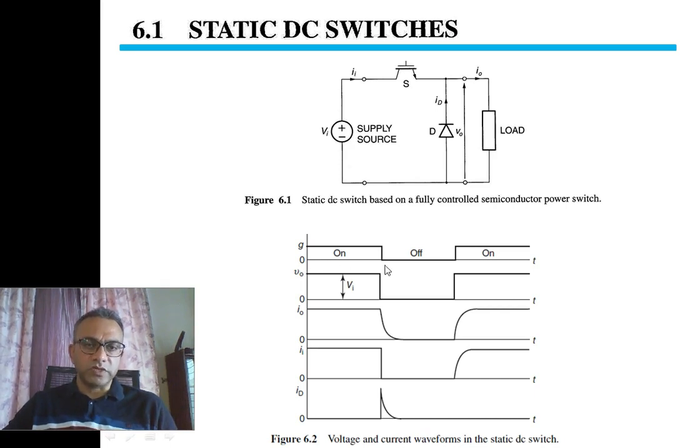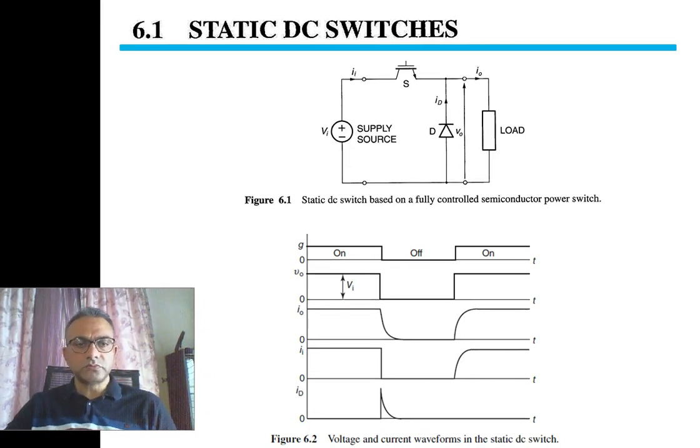From 0 to this time the gate is turned on, and from this time to one complete cycle we keep the switch off. We can keep the switch off by applying 0 volt between the gate and source.